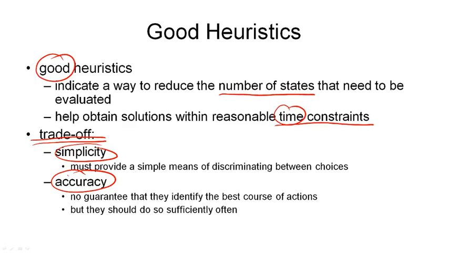A heuristic, unless it is perfect, does not provide a guarantee that it tells us which the best successor is to explore next. So there's no guarantee that it identifies the best course of action. But if it's a good heuristic, it will do this more often than a heuristic that is not as good. So a good heuristic does this sufficiently often. It's accurate. It tells us which is the best course of action, or in the technical sense, it tells us how far the goal state really is.